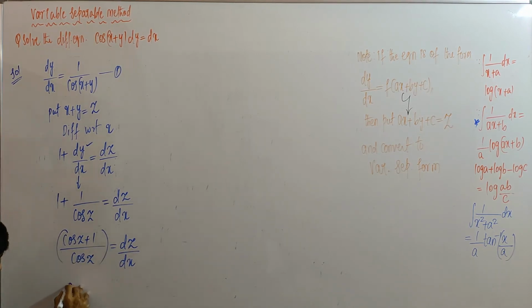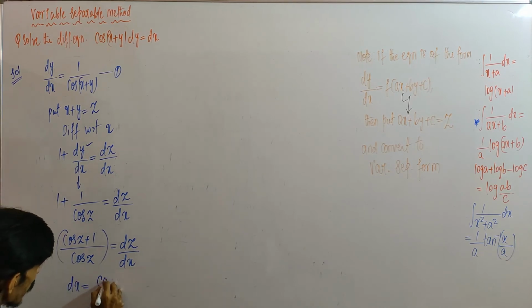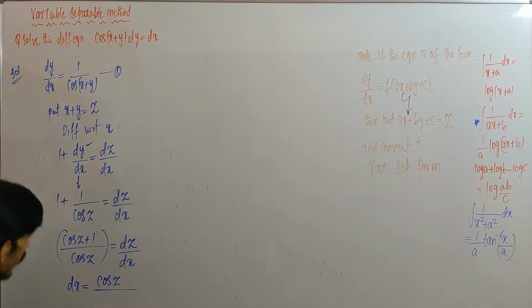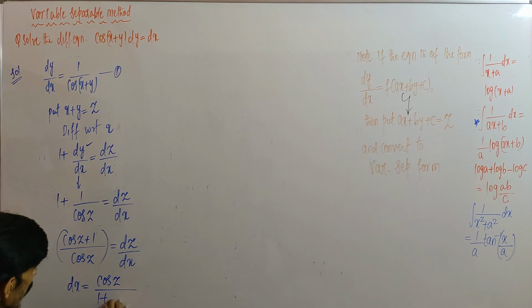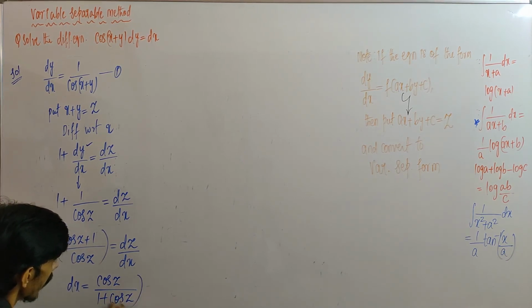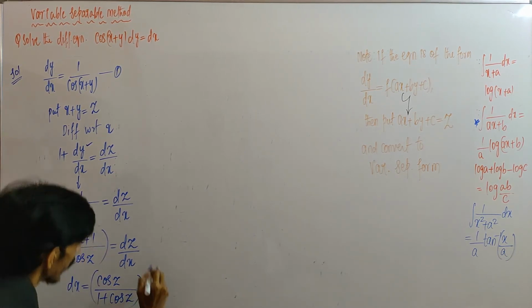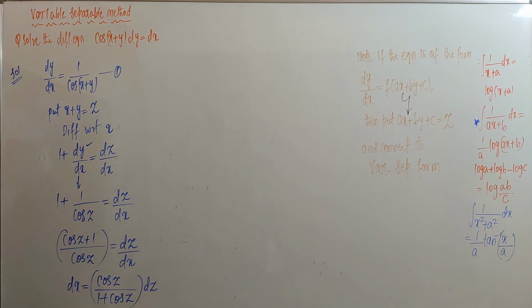So this will become dx is equal to, this will become reversed, that is numerator becomes denominator, so cos z upon 1 plus cos z dz. Now the first step is over, that is separated the variables, x one side, z one side.